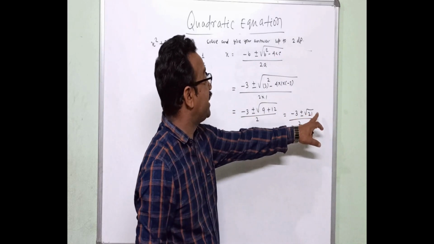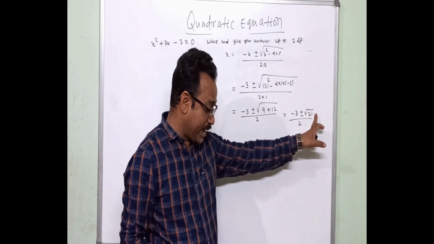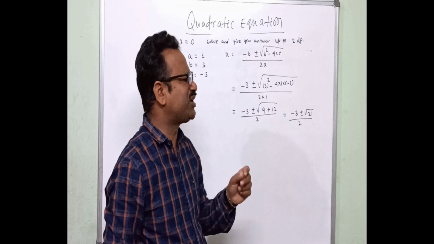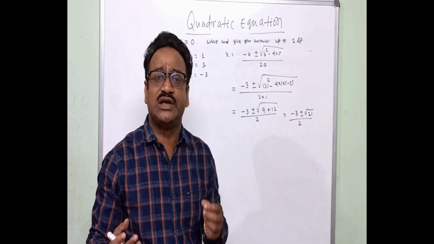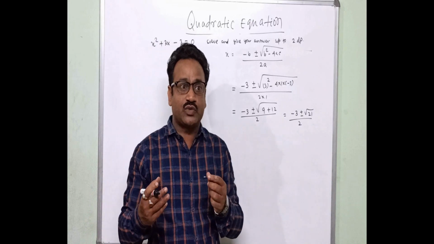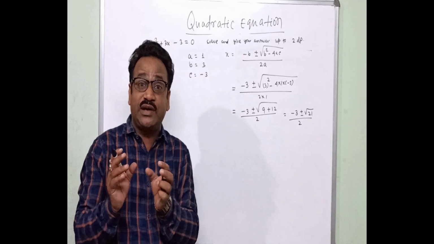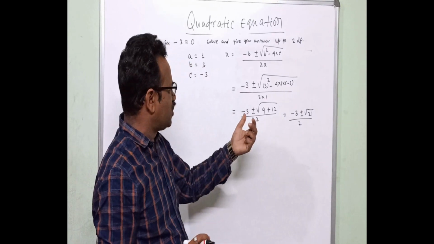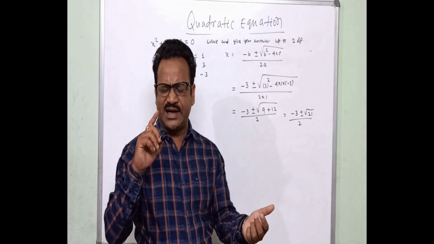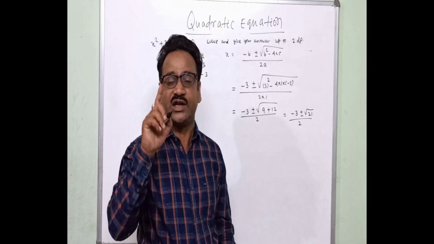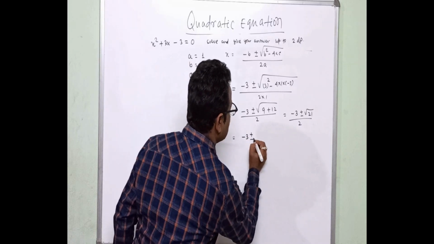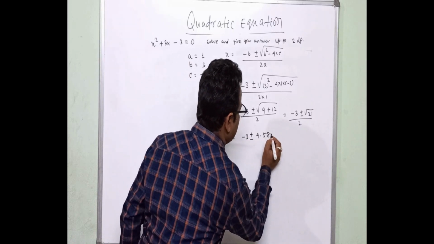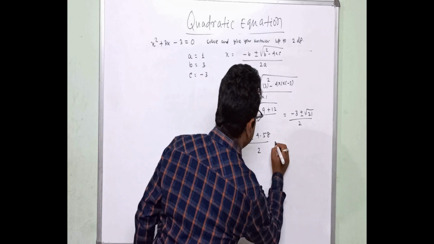So here we have to find out the square root of 21. Square root of 21 means 4 square is 16, 5 square is 25. So it is in between 4 and 5. So root 21 is coming 4.58. So that is equal to minus 3 plus minus 4.58 by 2.